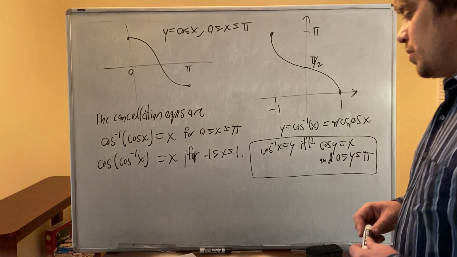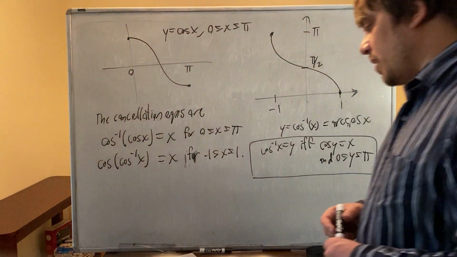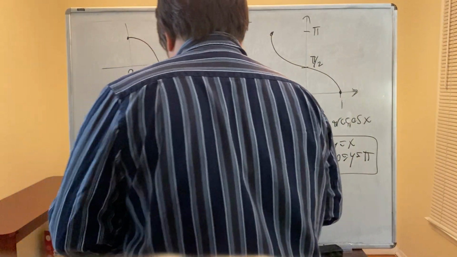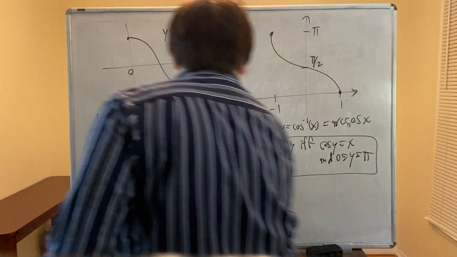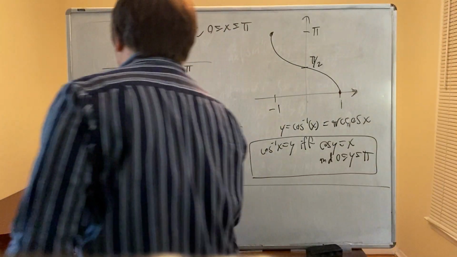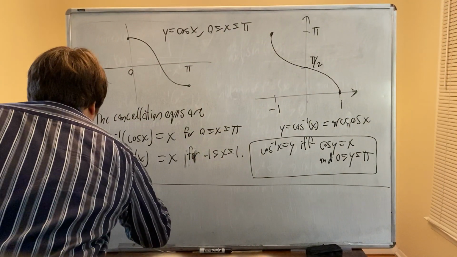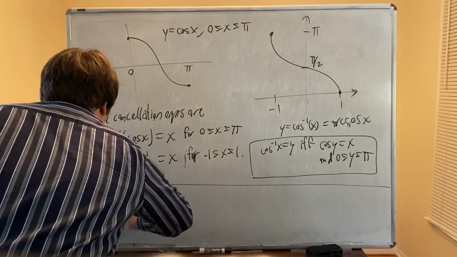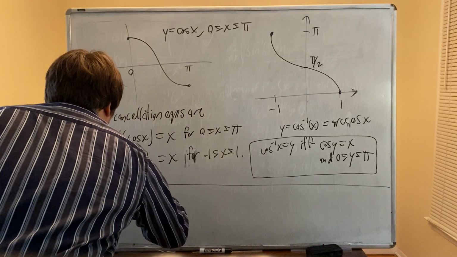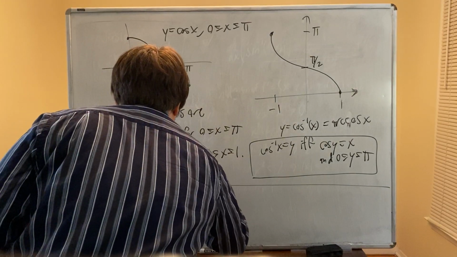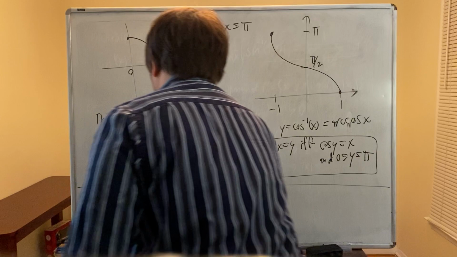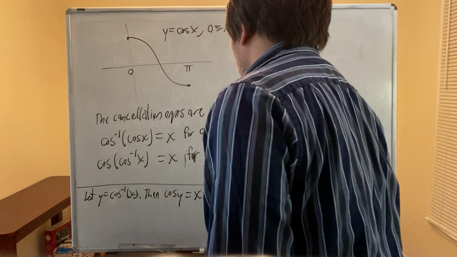So now let's talk about the derivative of cosine inverse of x. I'm going to put a line here, and let's work underneath that line. Let y equal cosine inverse of x. Then cosine of y is equal to cosine of cosine inverse x, which is x.